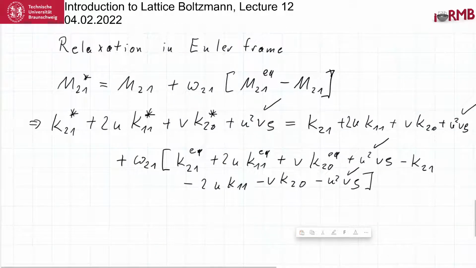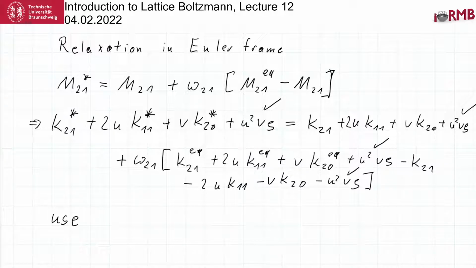Now we also have to use the collision of the moments here. And the good thing is that we already derived that for the second order moments, it does not matter whether we relax central or raw moments.